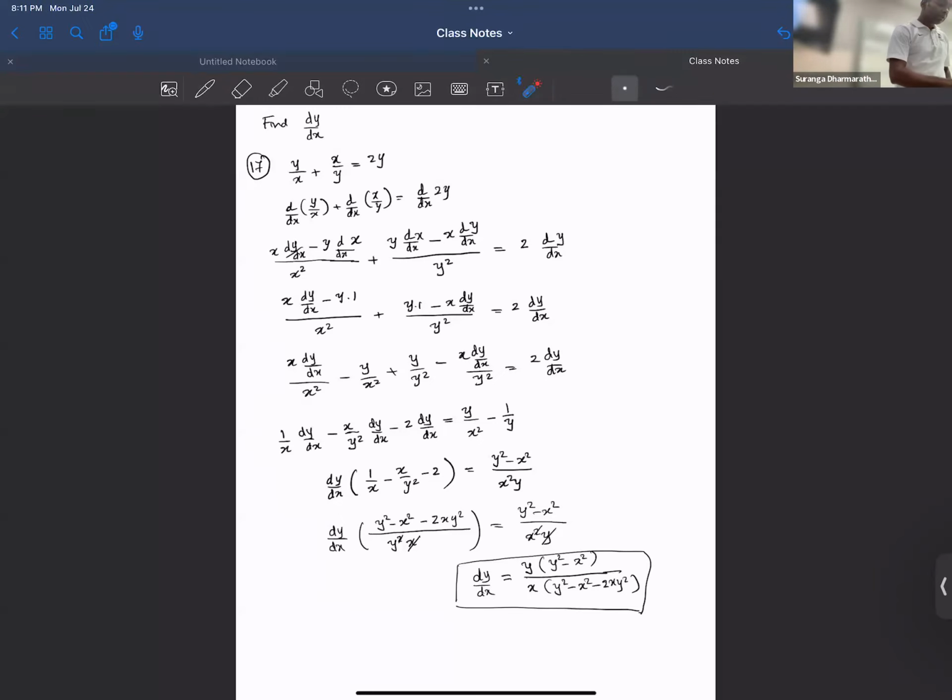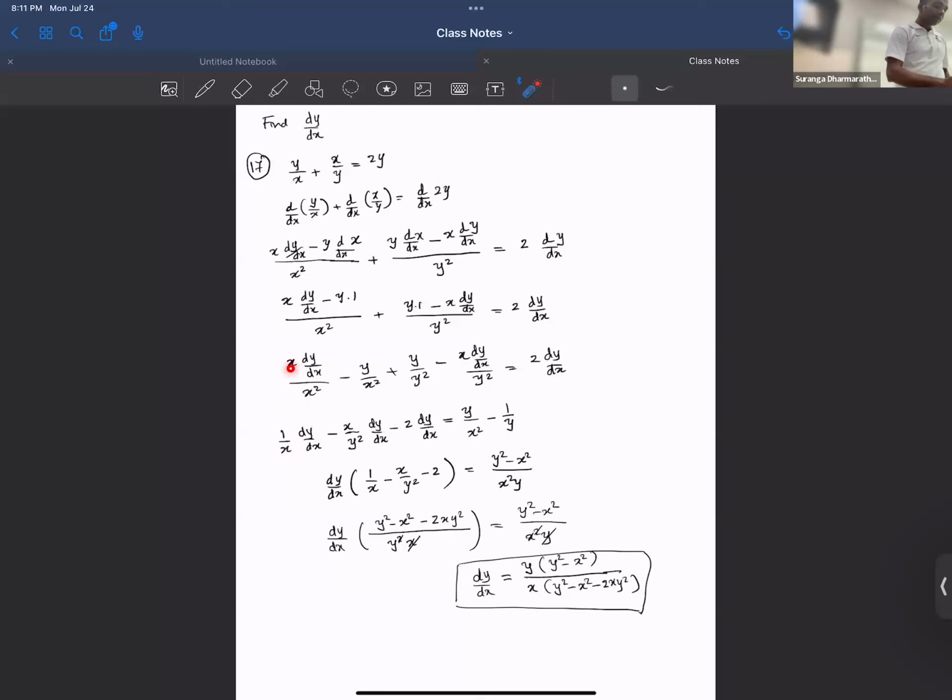Which step, Bryson? 1, 2, 3, 4, 5 here. There. Line below. Okay, what I did was I got all the dy over dx terms to the left hand side.